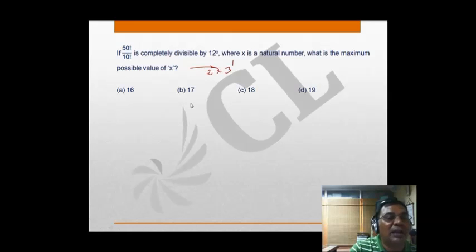So I'll just calculate the power of 2 in 50 factorial. First number is 25. Then we come to 12, 6, 3, 1. That will be 25, 12, 37, 43, 46, it comes to 47.